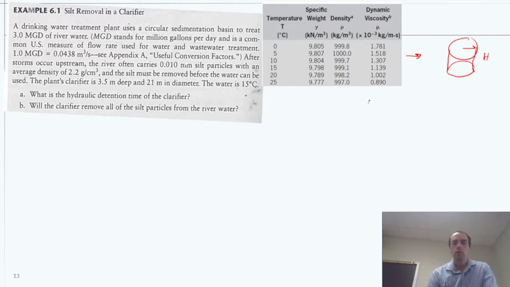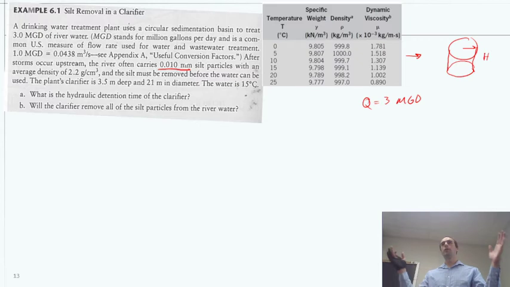And we say the Q is 3 mgd. Convert that in a couple minutes. It gives the conversion factor there for us to cubic meters per second. Then it says after a storm occurs upstream, we often have particles and we're given a dimension. It says 0.01 millimeter silt particles. So when we see some length scale for particles, we're going to assume spherical, and that would make the most sense if that was a diameter, because the particles are this big.